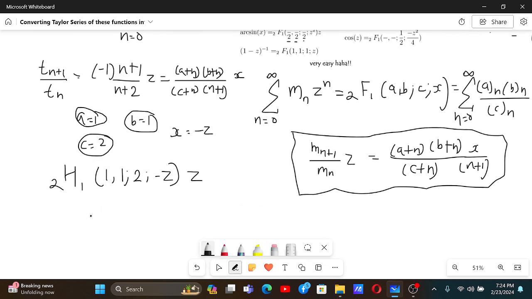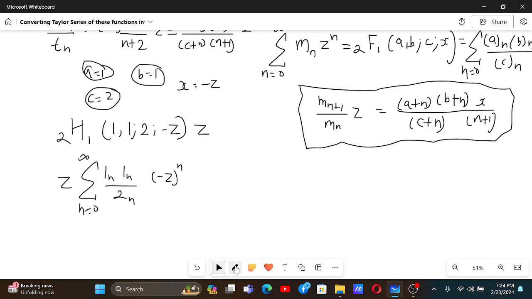Now if we do this, let me show you what happens. When you multiply this by z, going from n equals 0 to infinity, 1 base n by 2 base n, so minus z to the power n, and we have the sum going from n equals 1 to infinity. This is n factorial, and that cancels out.